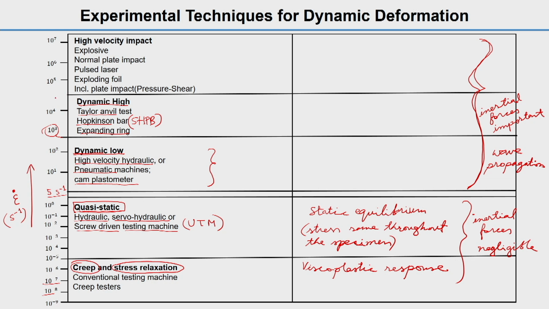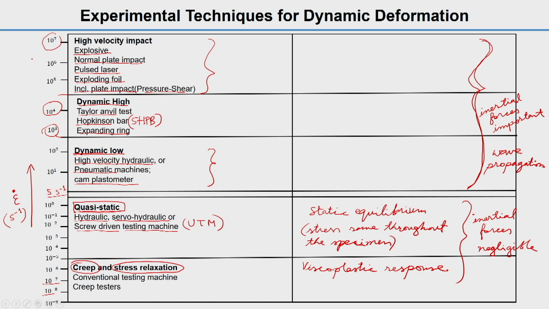The boundary is probably somewhere around 10,000 to hundreds of thousands. Even higher strain rate tests include explosive tests, plate impact, inclined plate impact that can produce pressure and shear, exploding foil, and pulse laser. The strain rate can go up to 10 to the power 7.